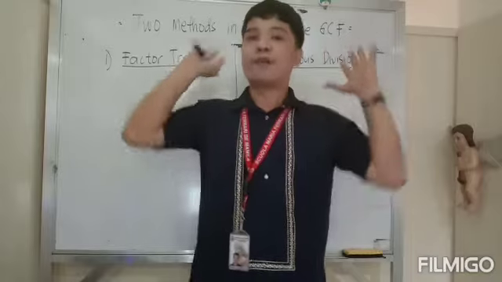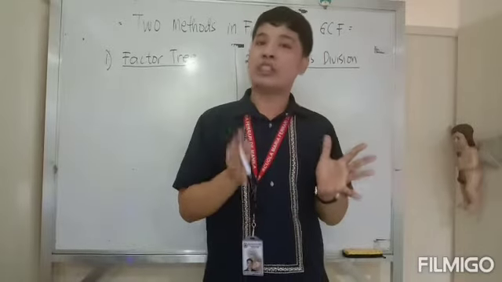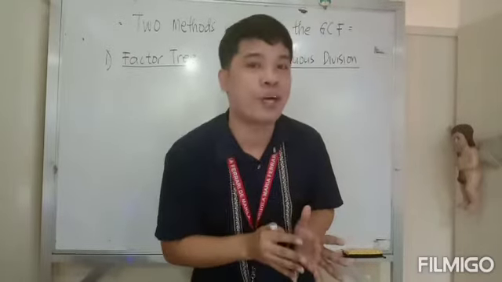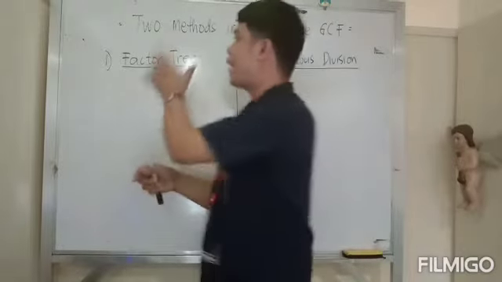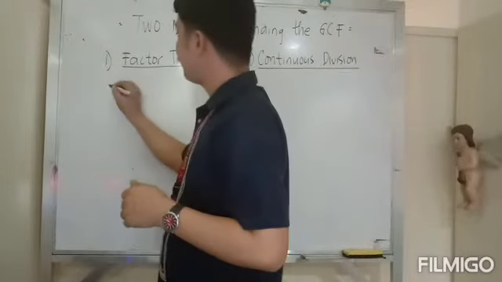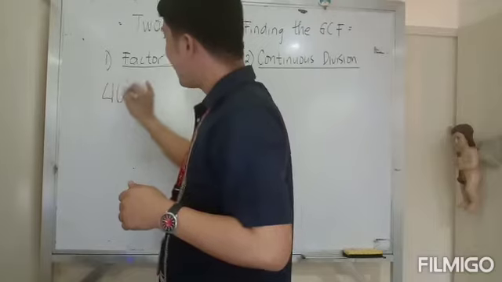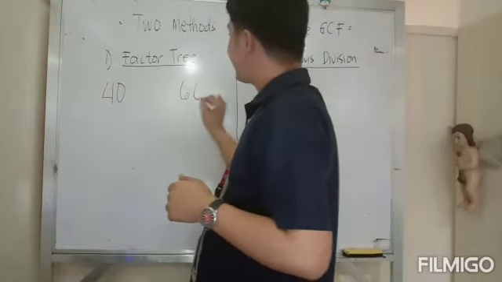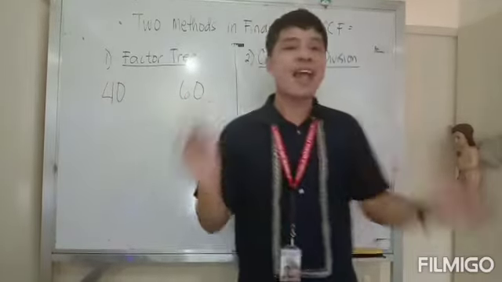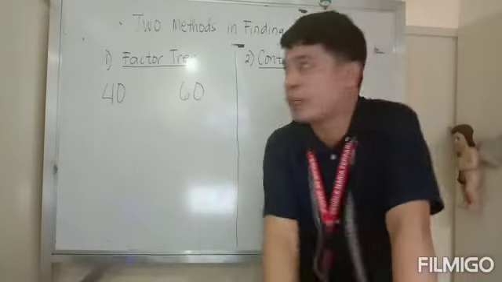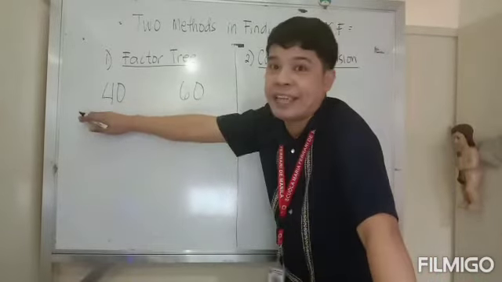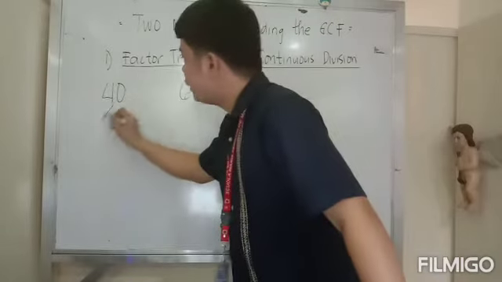Okay. So the first one we're going to use to find the GCF of 40 and 60 is the factor tree. So we have here 40 and the other number is 60. In making a factor tree, guys, we're going to solve 40 first. So I put there two arrows.